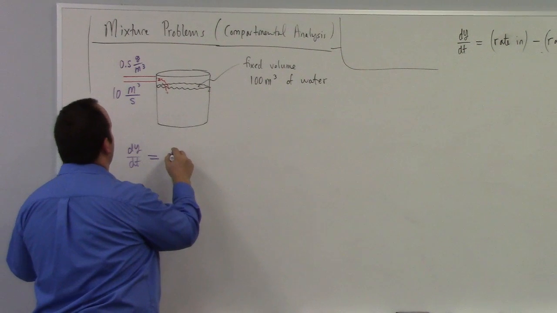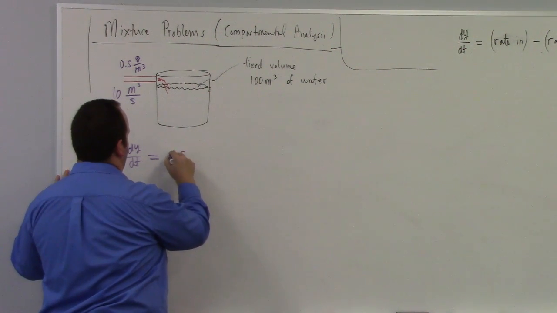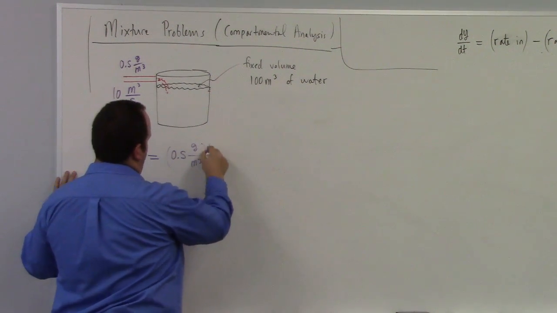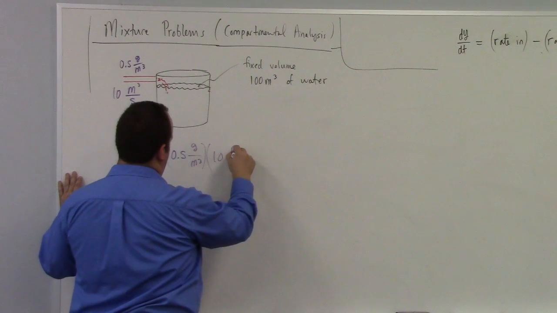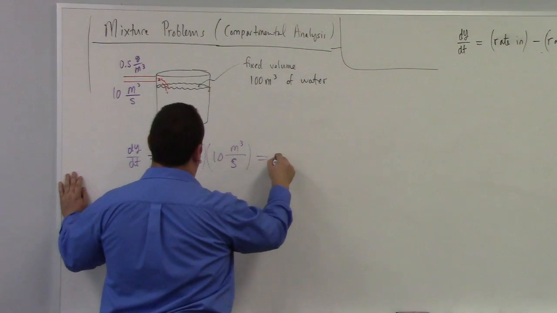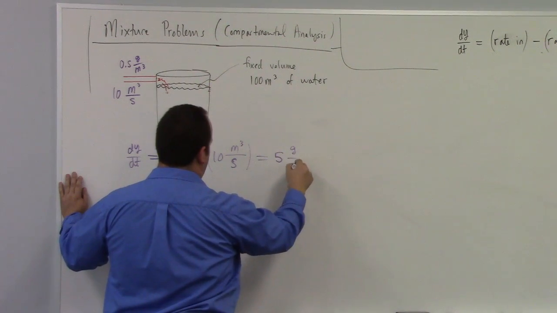0.5 grams per cubic meter times 10 meters cubed per second, right? So that would be 5 grams per second.